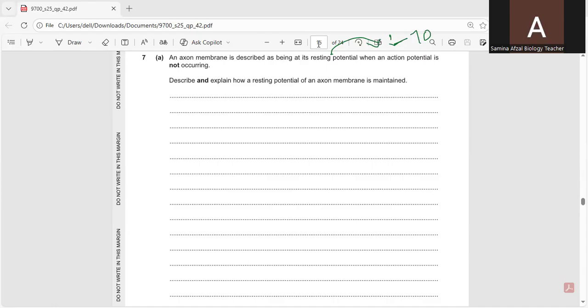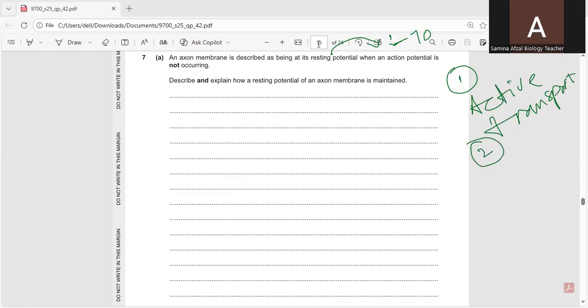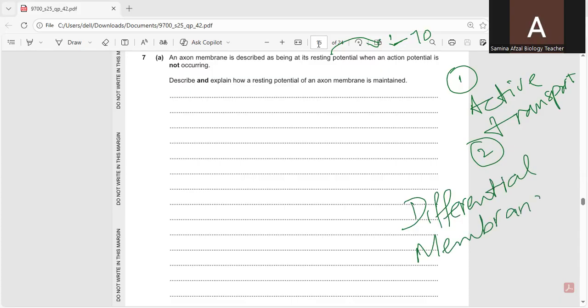Number one is active transport, and the second one is differential membrane permeability.